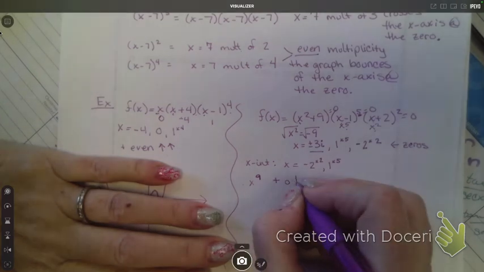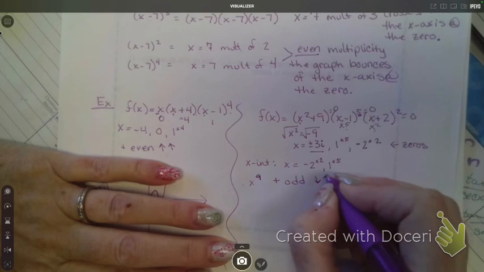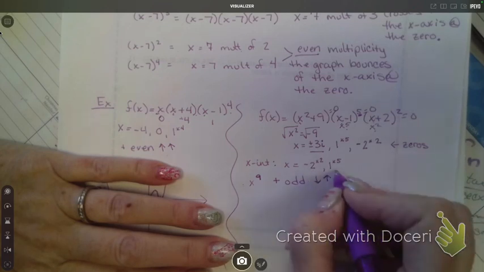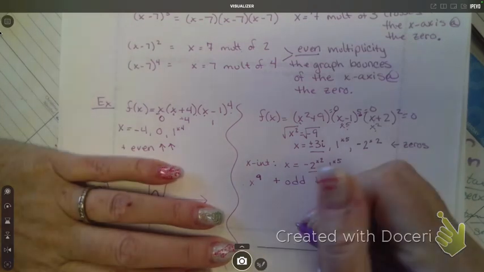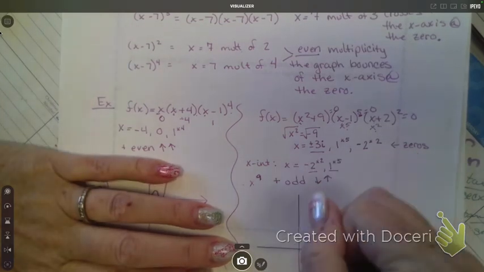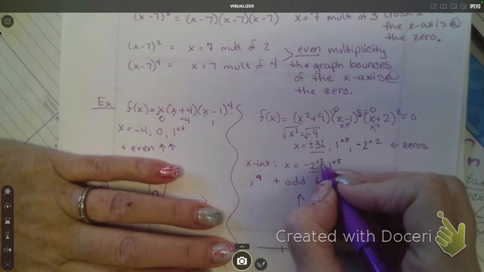So what's the graph going to do? Down, up. And it's going to cross at 1, but do what at -2? Bounce. I thought it only bounced if it was even. It is even, but -2 has a multiplicity of 2.